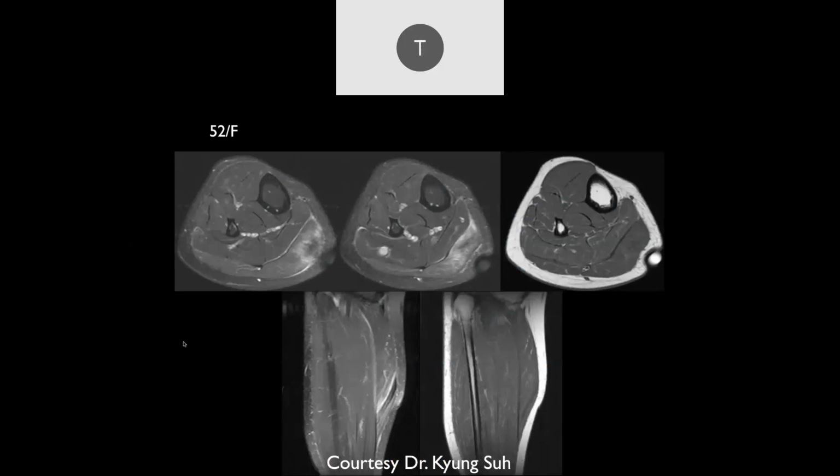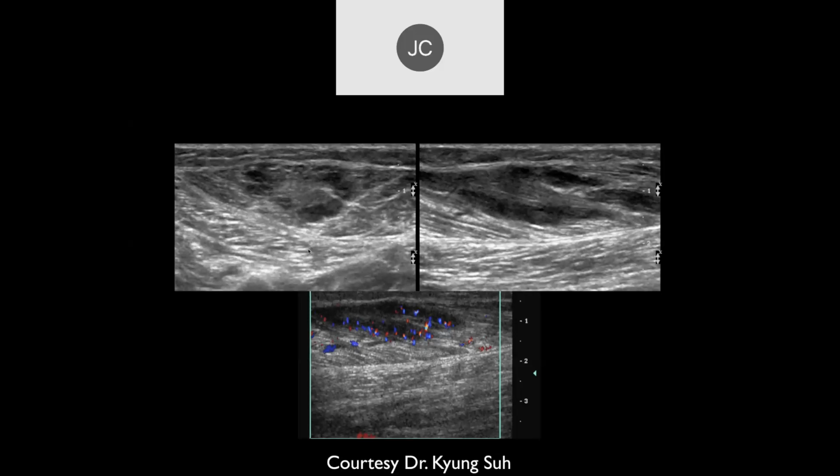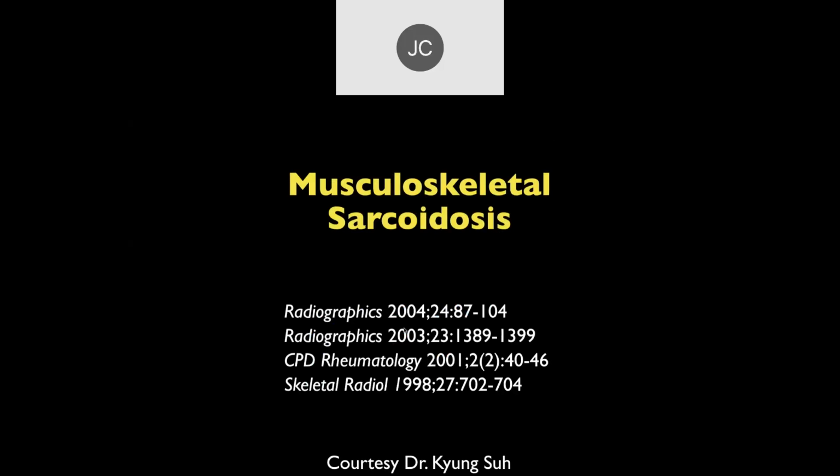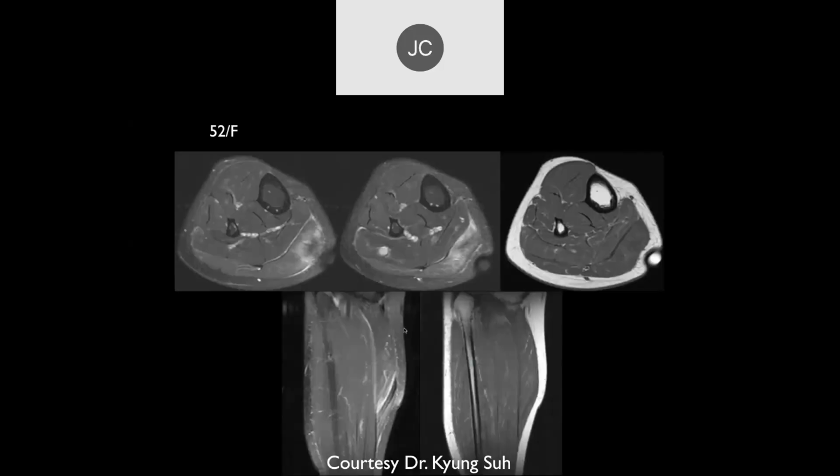All right, over at that marker at the medial gastrocnemius muscle, you see edema within the muscle there, maybe some central low signal there too, which is a bit odd. On ultrasound, we can see some vascularity here. And this turned out to be sarcoidosis of the muscles.